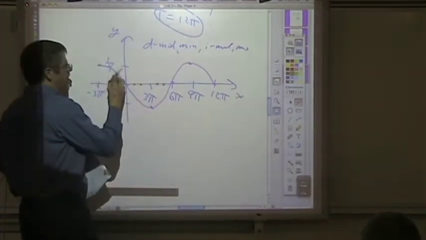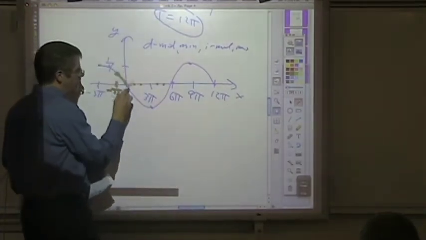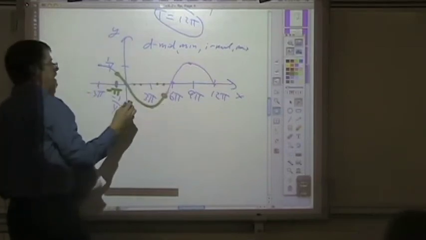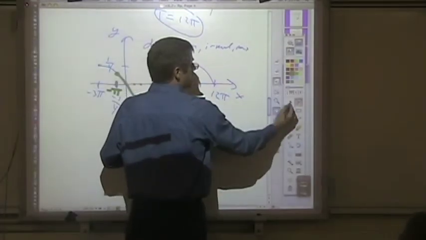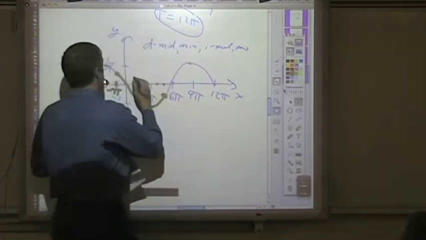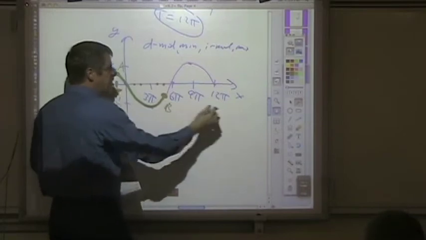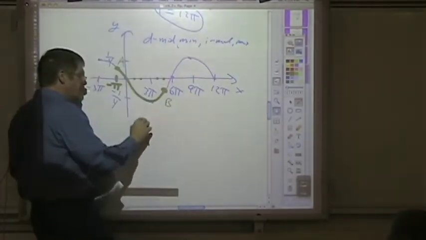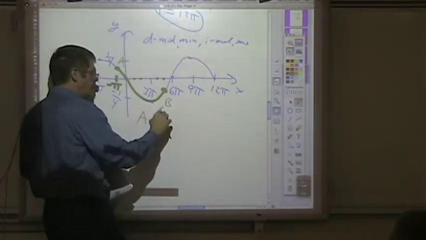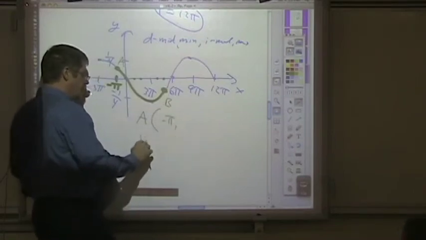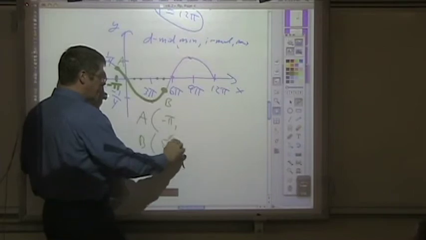So I've got negative pi square bracket and go up to 5 pi square bracket. If you want to get the endpoints, the left endpoint is point A, the right endpoint is point B, and the coordinates of point A are negative pi, comma, and the coordinates of point B are 5 pi, comma.